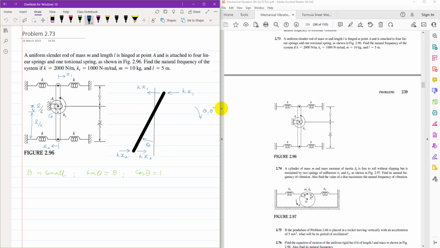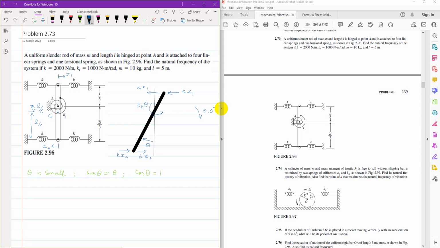So at point A, the restoring or spring force will be Kt into theta, and this will be opposite to the direction of rotation, because the assumed direction of motion is clockwise, so it must be opposite to that.